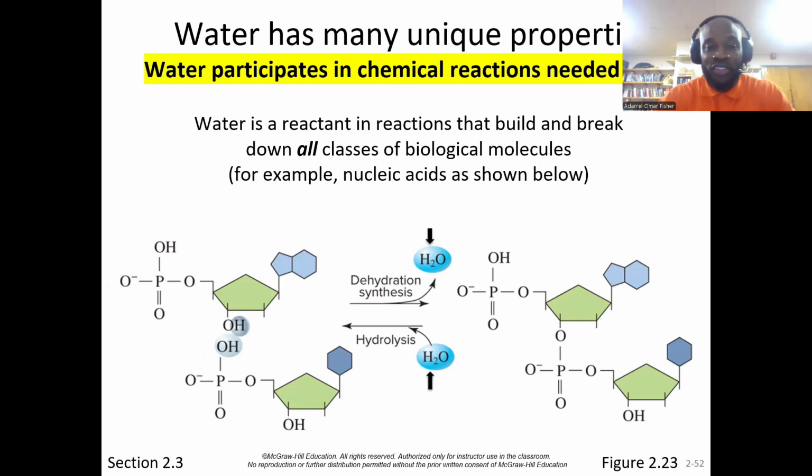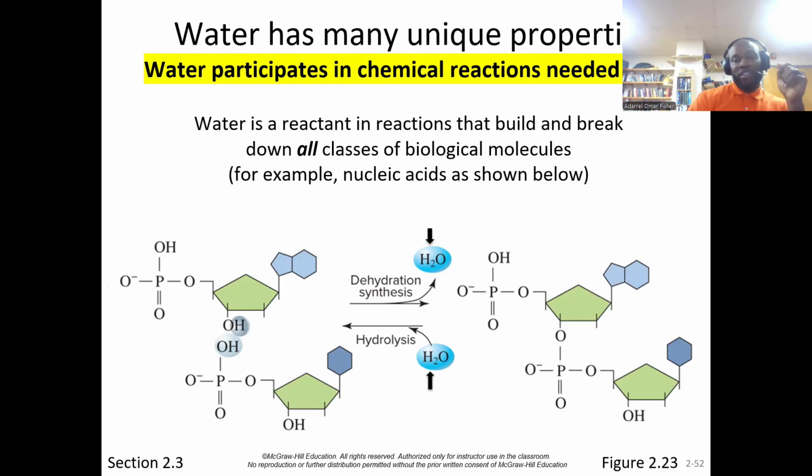A good example of this is burning fat in your body. Your body needs water to be able to burn fat molecules, to go through the process of hydrolysis. It needs water to make that reaction happen.